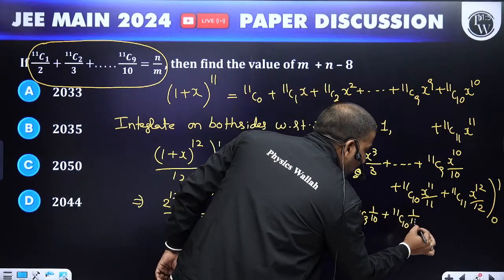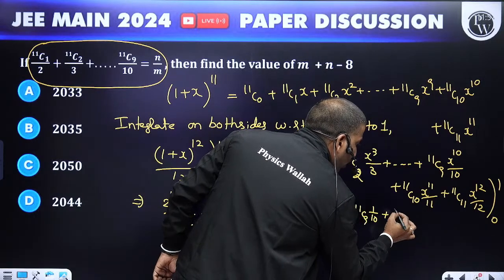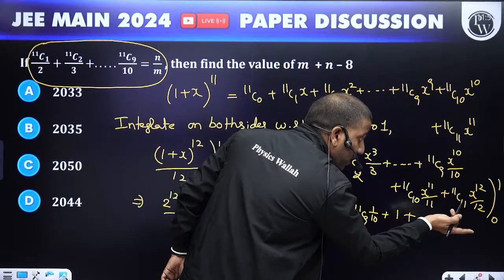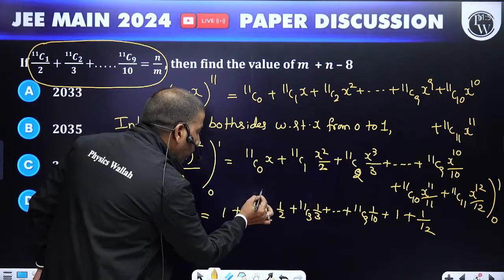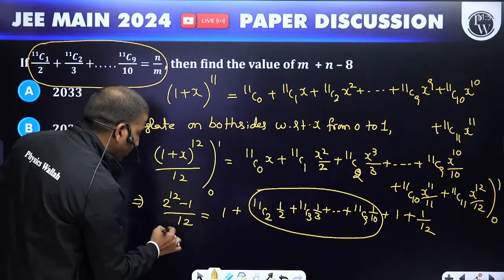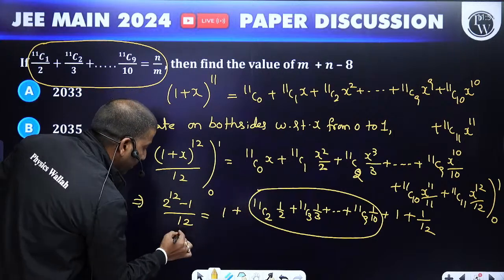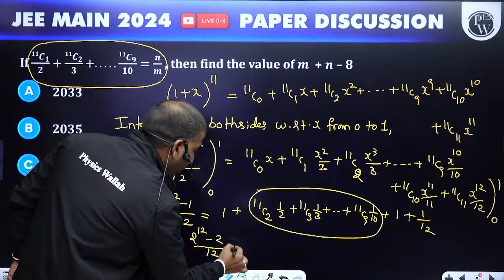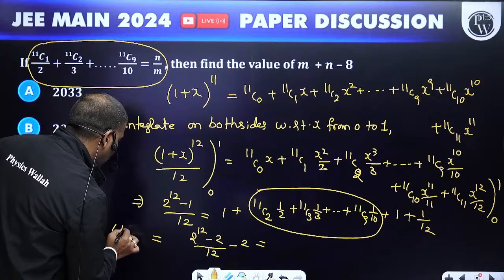So 1 by 11 times 11c10, which is 11 only, so 11 will get cancelled, that would be 1, and plus 11c11 is 1, that is 1 by 12. So this whole part we need, right? Just we need to write the other terms. So plus 1 by 12, here also if you send it to the other side, 2 power 12 minus 2 by 12 and minus 2. So that whole part is equal to the LHS, the given one.